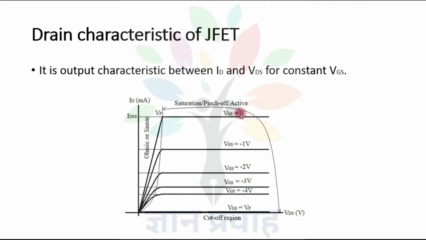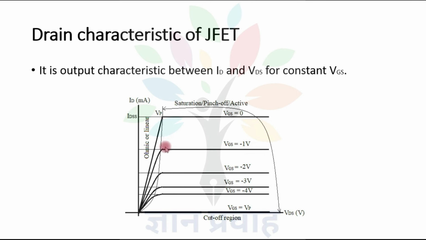So when VGS is 0, then characteristic is given here, current is saturated in saturation region, and maximum current in saturation region is called IDSS. When we are increasing the value of VGS in reverse wise, it means depletion region width is increasing across the PN junction, and it reduces the amount of drain current which is flowing between the drain and source terminal.